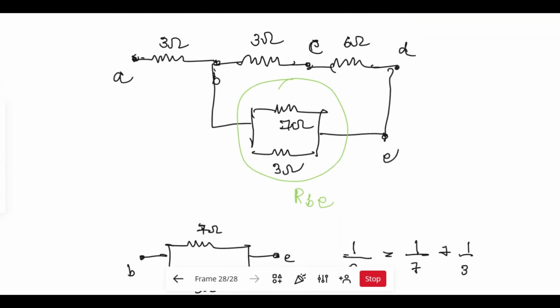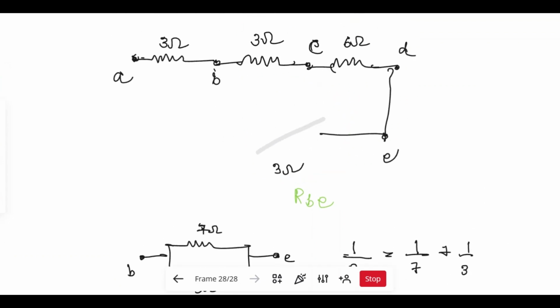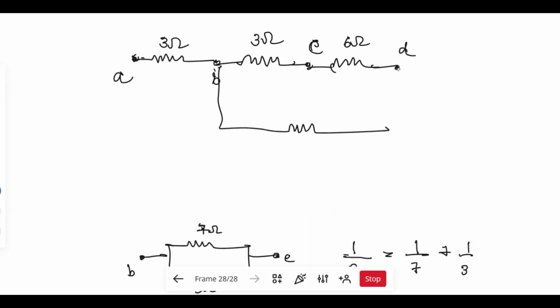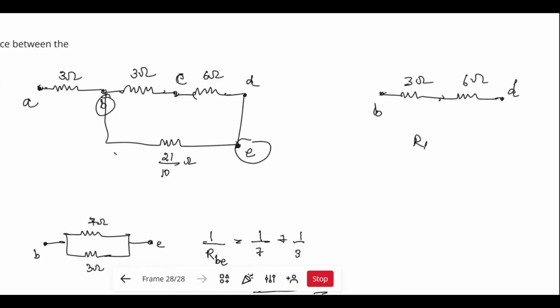Let us draw that here. What did we find? We simplified this to be this resistor, 21 by 10 ohm. So RBD can be 3 plus 6, 9 ohm.